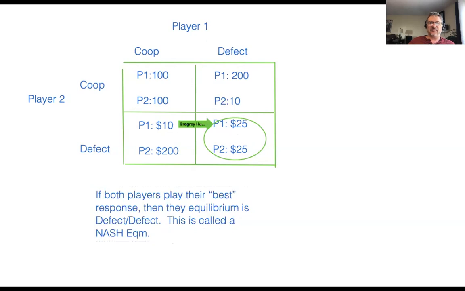So suppose we're talking about player two. Player two is in defect. They would never switch to cooperation because their payoff would go down to 10. Player one would never switch strategy either because their payoff would go down to 10. So this is the concept of Nash equilibrium. Do you guys have any questions about that?